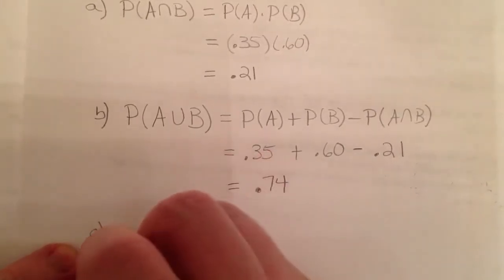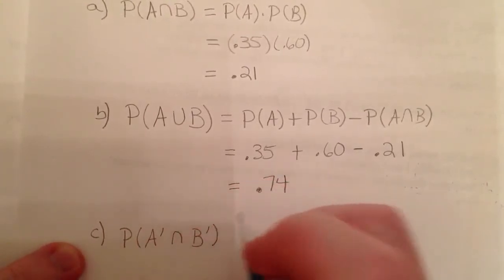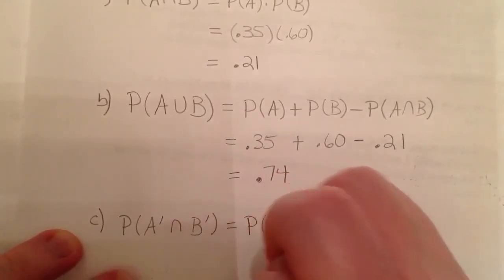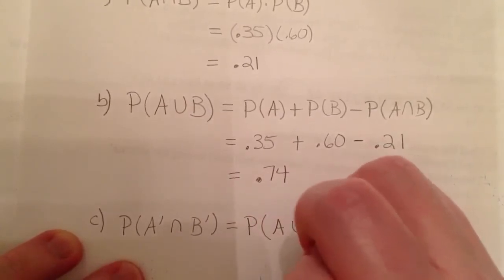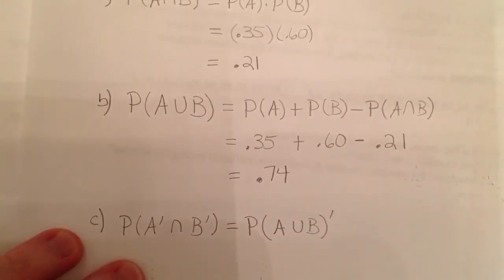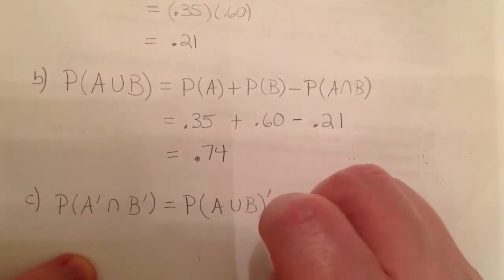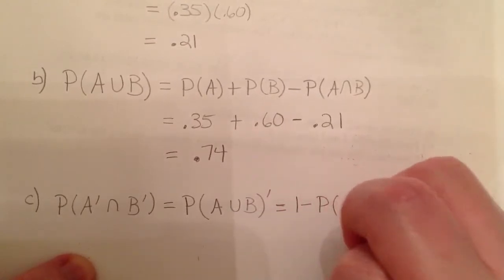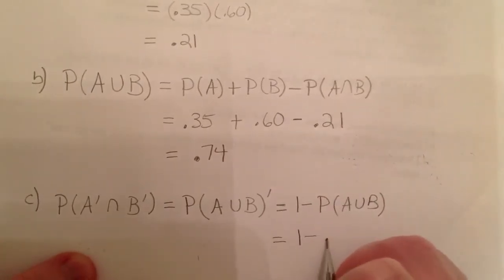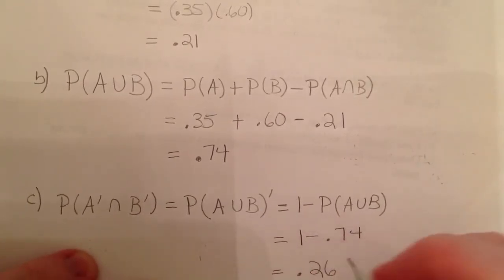Now for part C, we have the probability that neither A nor B will happen, and you can set up a table, or you can say that, from what they call the Boolean algebra, we have the probability of the complement of A or B occurring, and that is going to be the complement of what we have for part B. So you're looking at 1 minus the probability of A or B happening, so that's going to be 1 minus 0.74, which in this case is going to be 0.26.